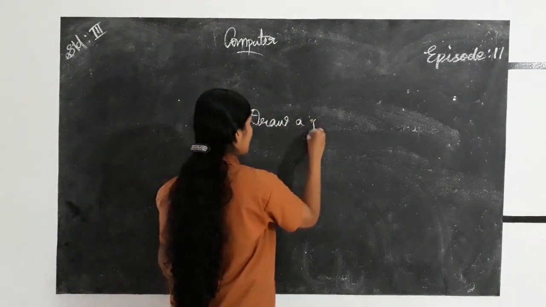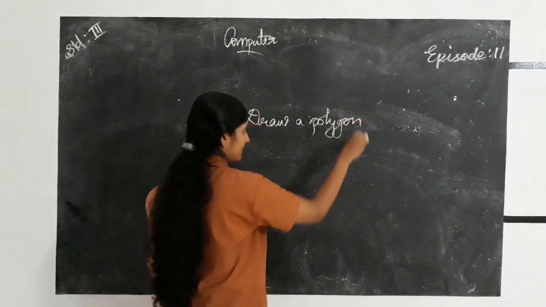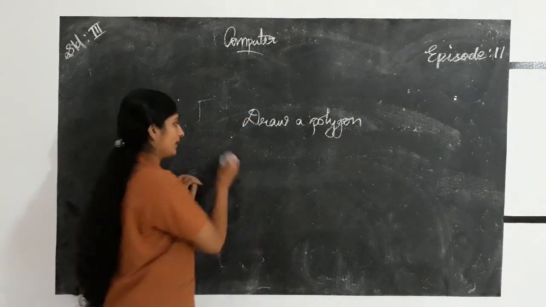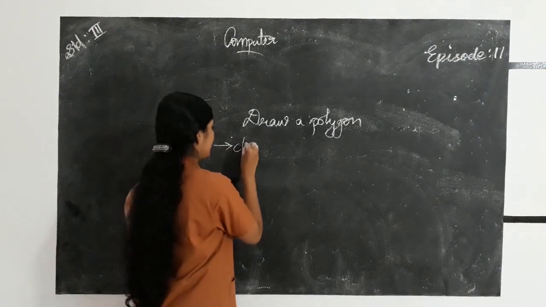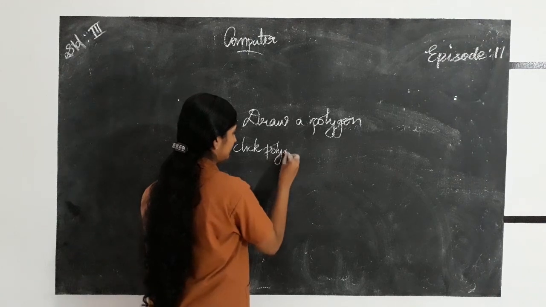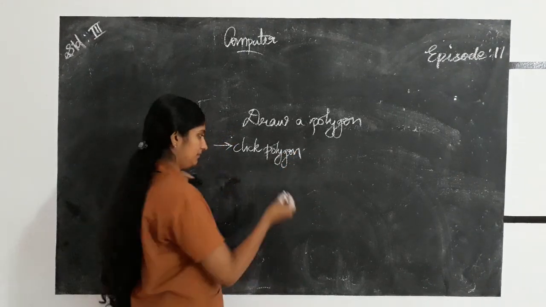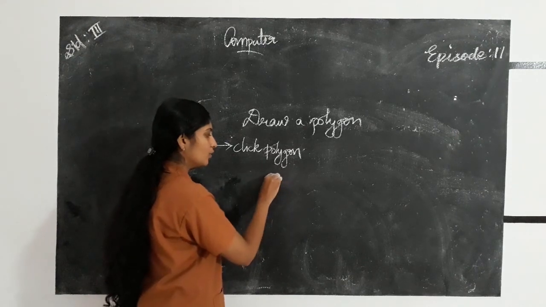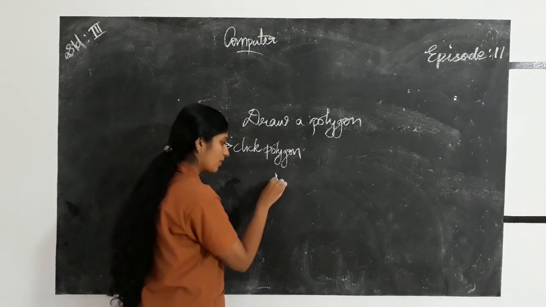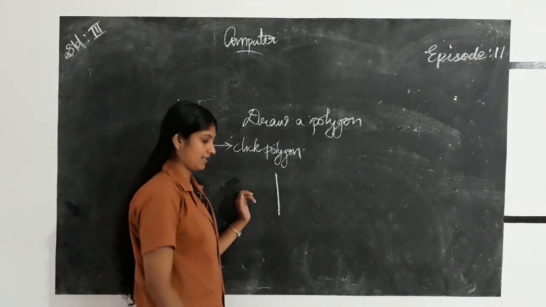So first click polygon, and then drag the mouse pointer downward. So the first line is created.